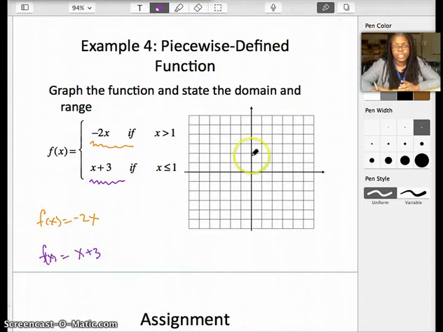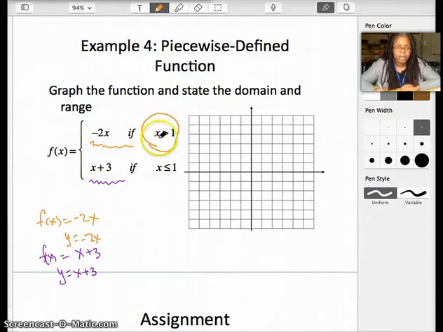This is totally reasonable. You guys can do it. Remember, think of it as y is equal to x plus 3. Think of the other one as y is equal to negative 2x. However, there's one bit of information that we overlooked. When we graph these, we do need to pay attention to the domain that is restricting our graph.